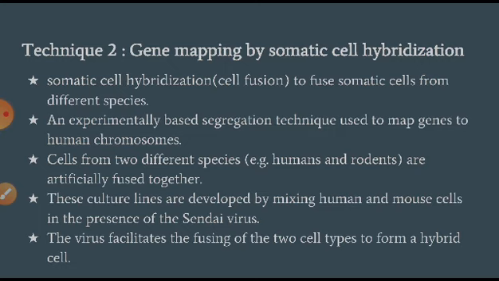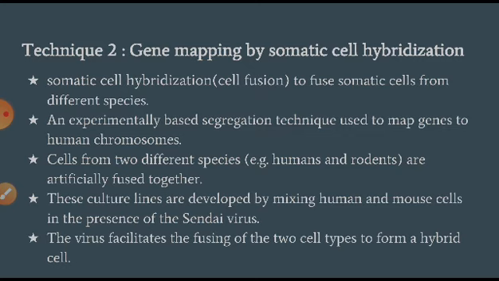Experimentally based segregation techniques are used to map genes to human chromosomes. Cells from two different species, for example human and rodents, are artificially fused together, right? So here they are taking two different species, and in the previous one you have seen they are doing the hybridization in the same species.